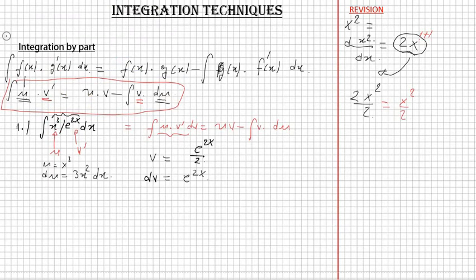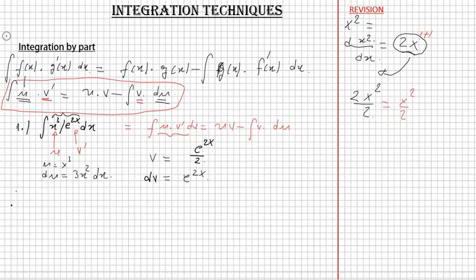That 2 is what we see here at the bottom. So I have u and du, v and dv. Now what I need to do is plug all these elements into this expression here.